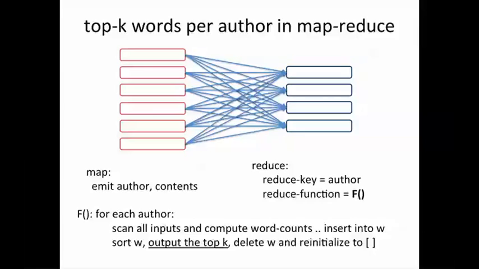Essentially, you're computing the top K for each author, not storing the combination of each word and author, because you're only interested in the top K, the top 10, the top 5, the top 20, whatever.